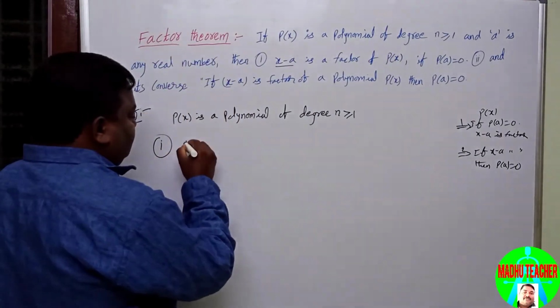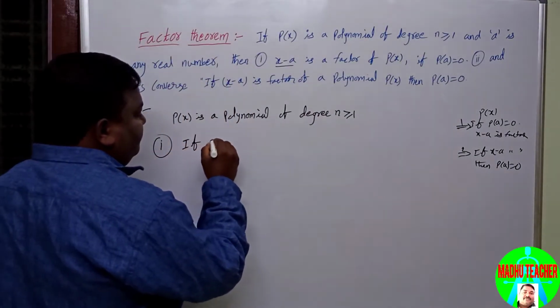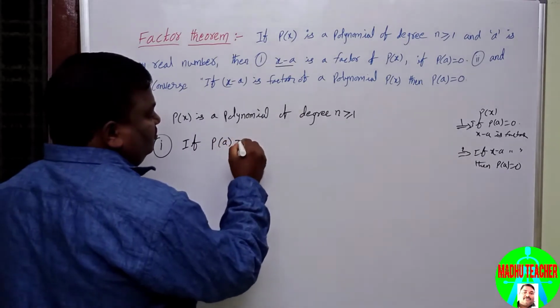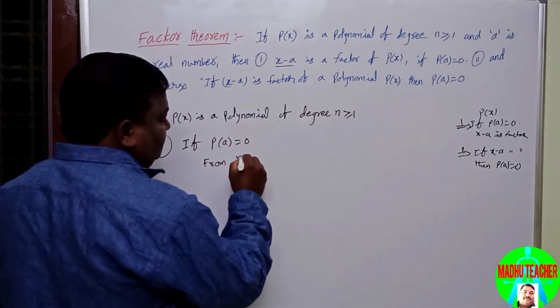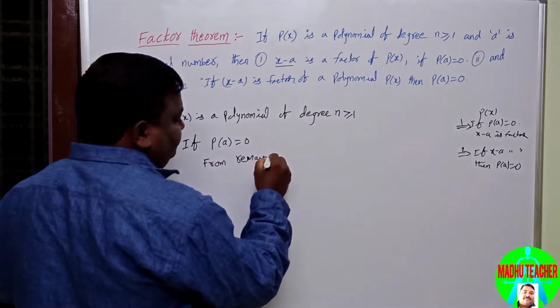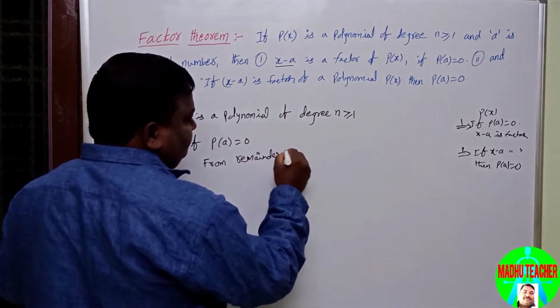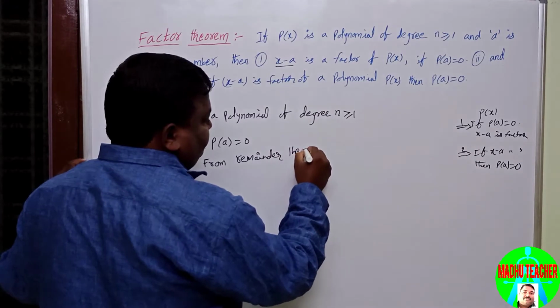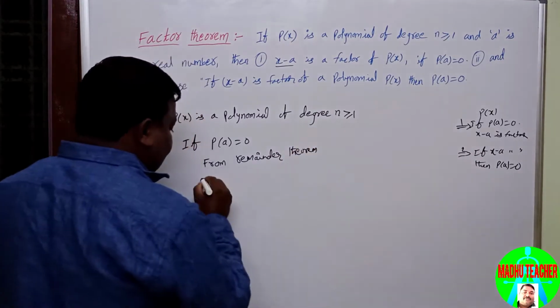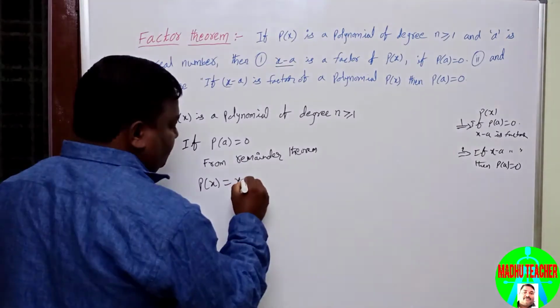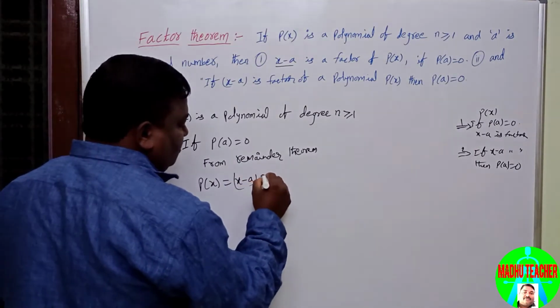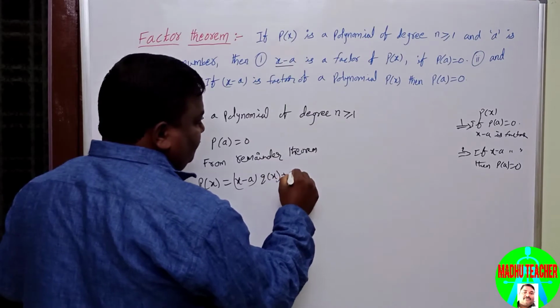So the first one is if p of a is equal to 0. From the remainder theorem, we can write p of x equal to x minus a into q of x plus p of a.